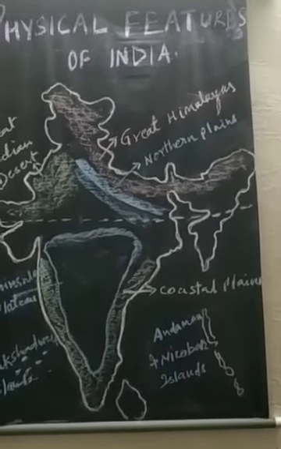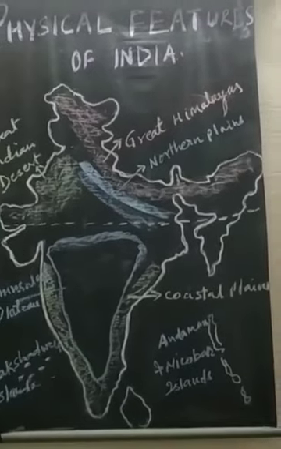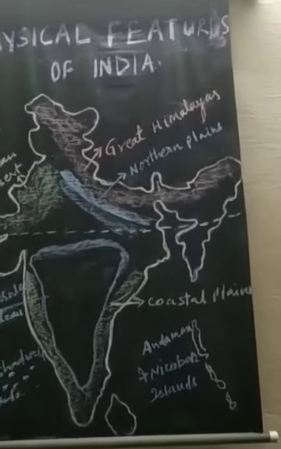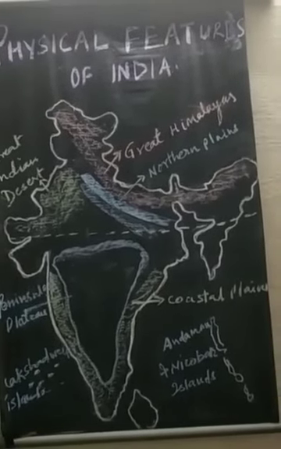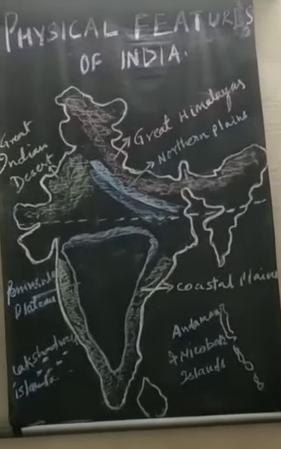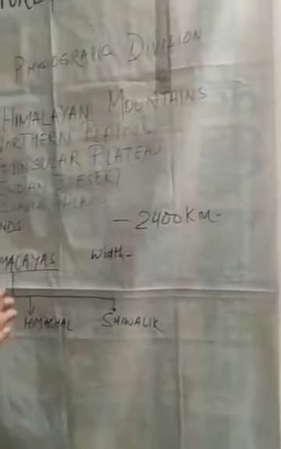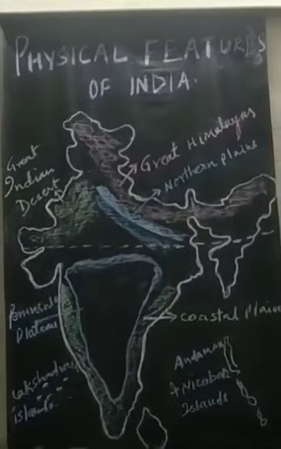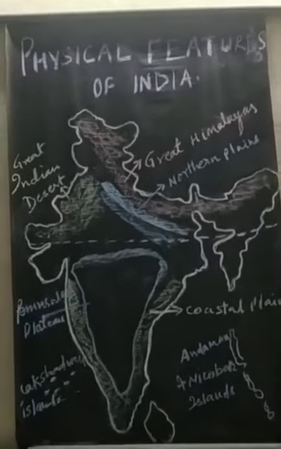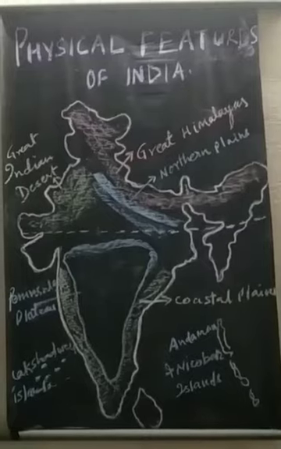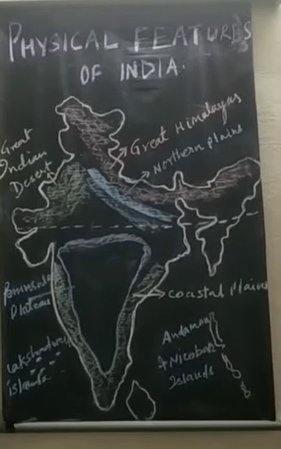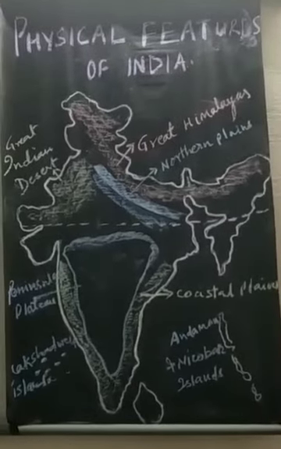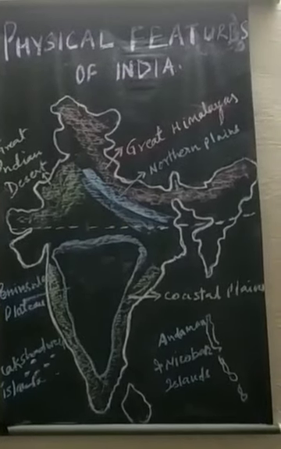Then the second range, lying to the south of Himadri, is known as Himachal, or Lesser Himalayas. The range is mainly composed of highly compressed and altered rocks.